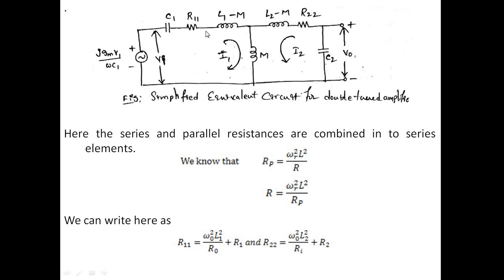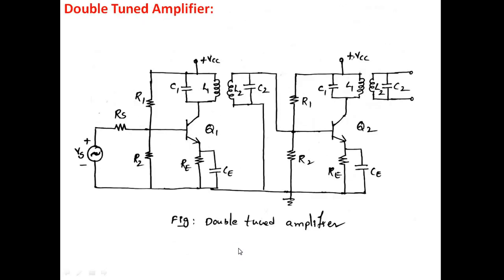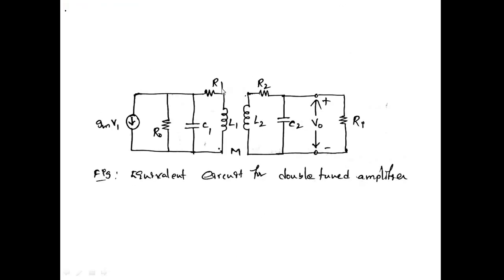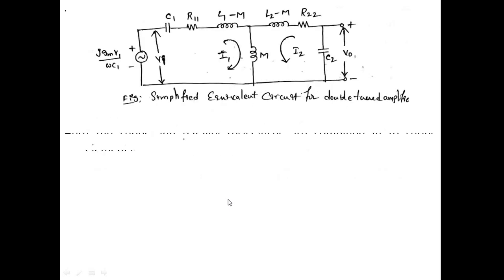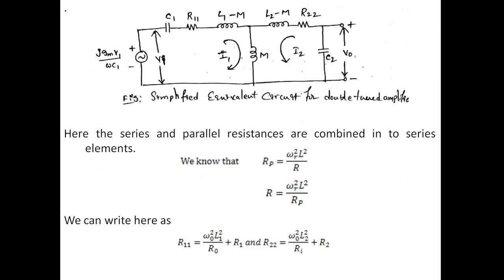See this. This is R11 that we have replaced. R11 is equal to omega naught square L1 square divided by R0 plus R1. R1 is the resistance available here, which is the leakage resistance. That is what we have to quote here.